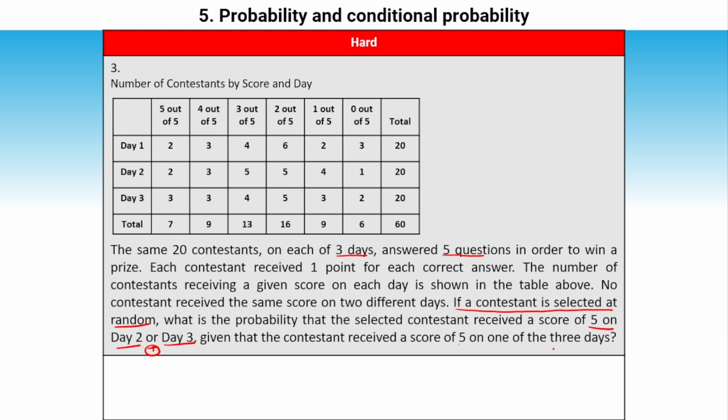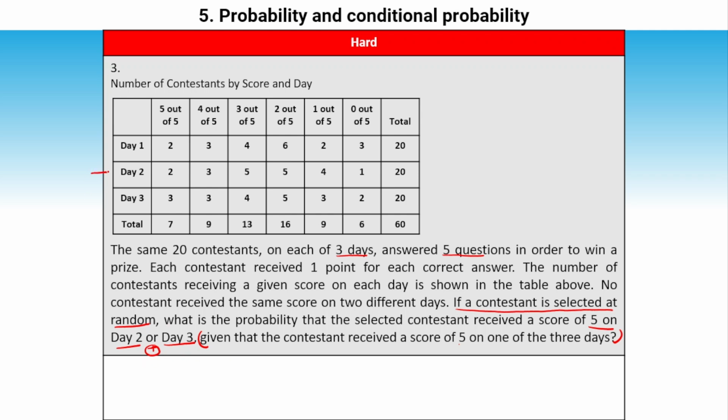Okay, if you read only this part, if a contestant is selected at random, you will say out of 60. No, here is the condition: given that the contestant received a score of 5 on one of the 3 days, and they should at least receive a score of 5 on day 2 and day 3.